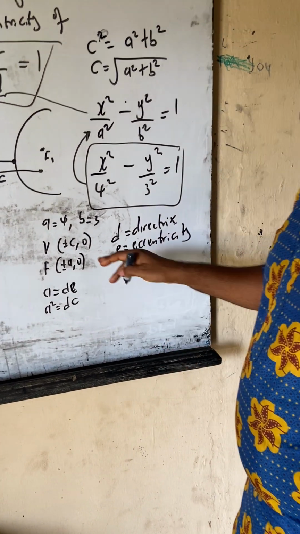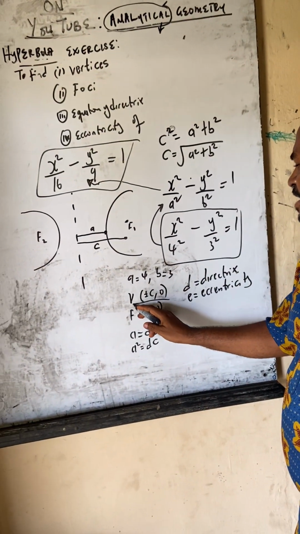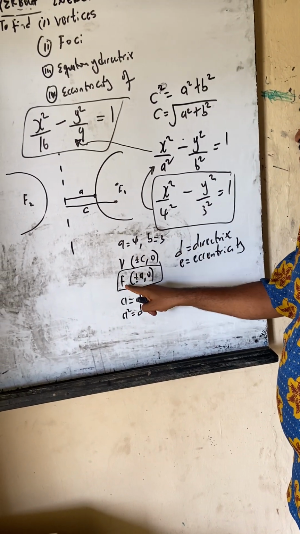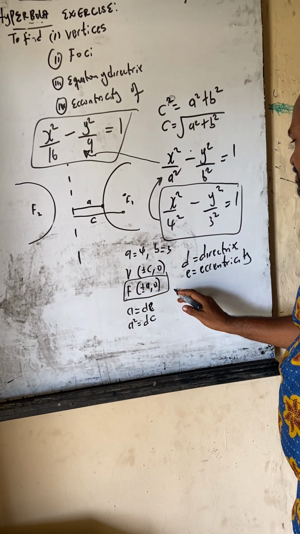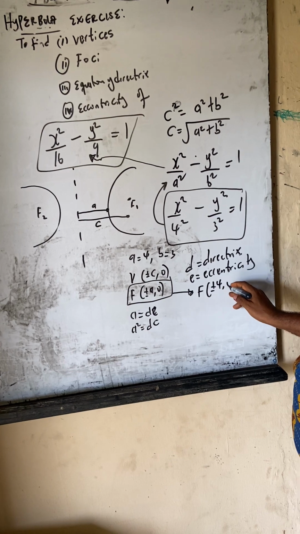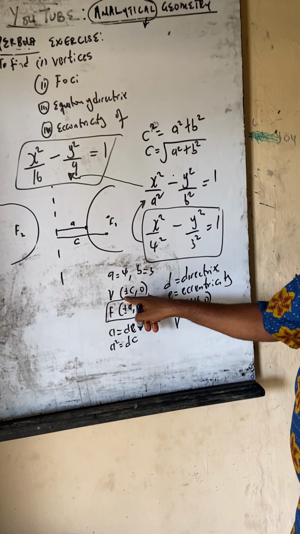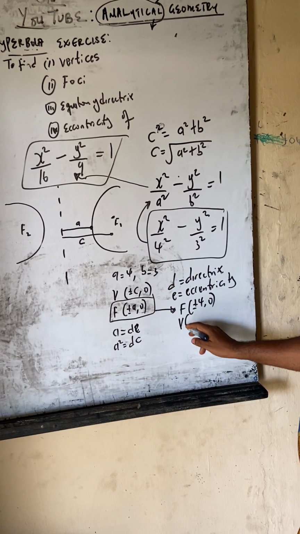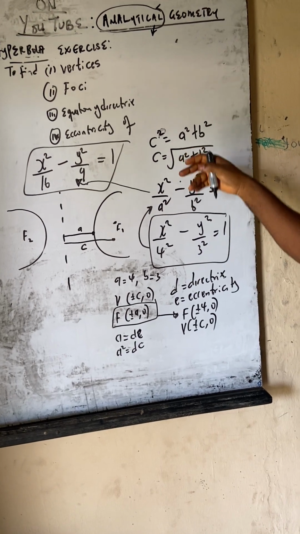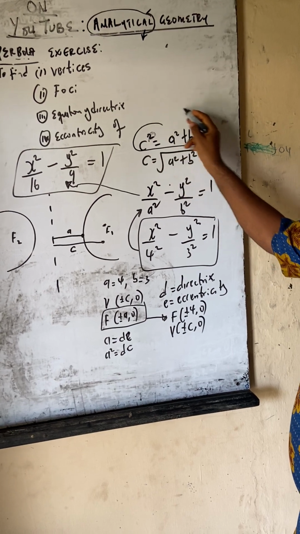Now, coming to these particular parameters I have here, we can easily get the coordinates of the foci. Since a is 4, my foci f can be plus or minus 4, 0. To find the coordinates of the vertices, which is plus or minus c, 0, we know that the relationship between c, a, and b is given by this expression.